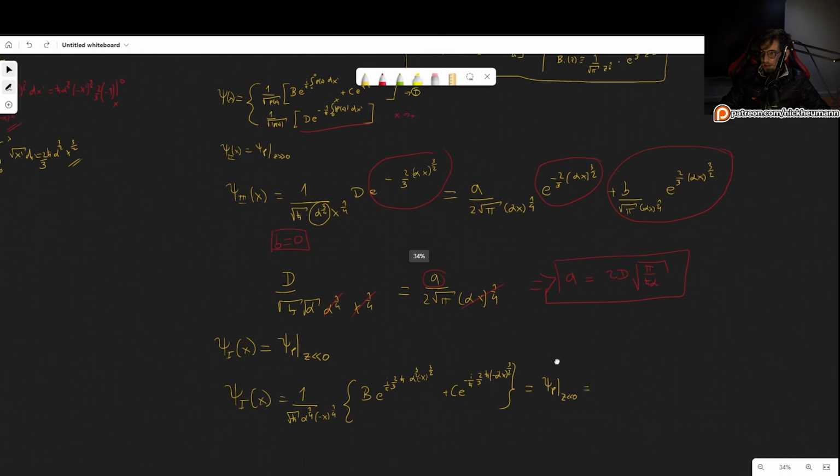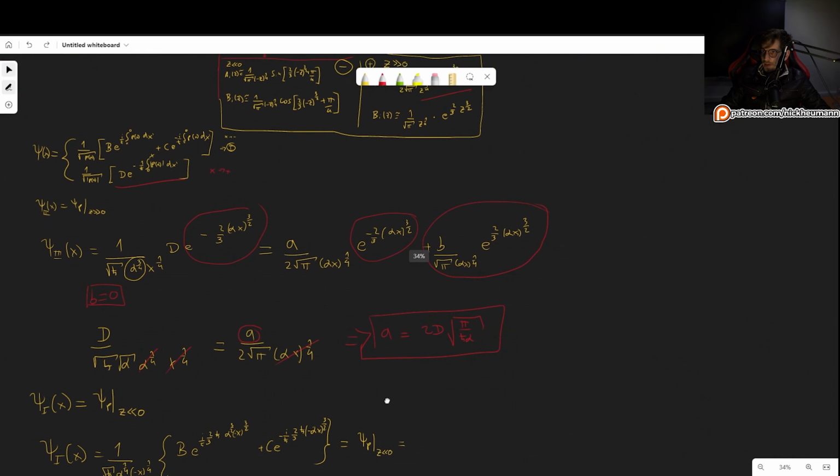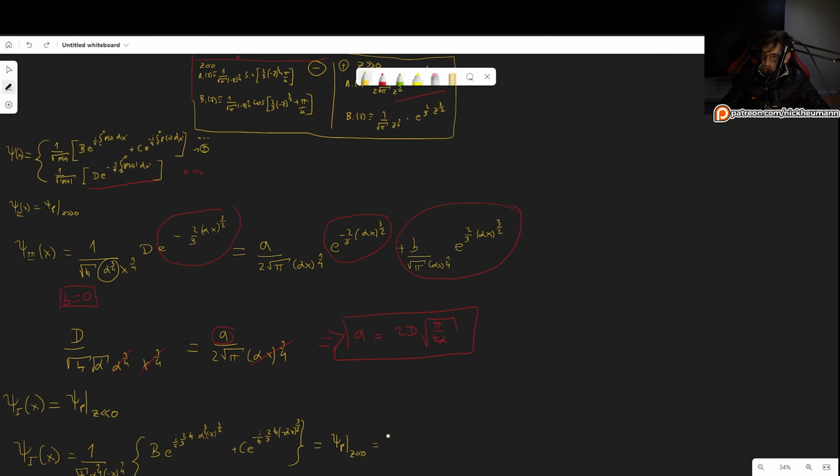So that is, okay, it's kind of hard to copy from here, but 1 over the square root of pi, and then we have minus z to the 1/4, so minus alpha x to the 1/4, and then we have sine of 2/3 minus alpha x to the 3/2 plus pi over 4.